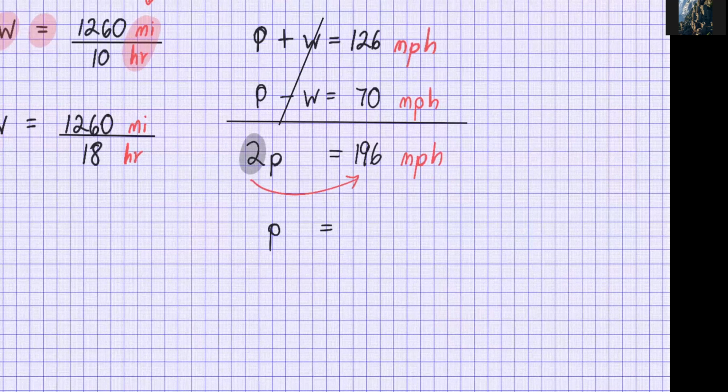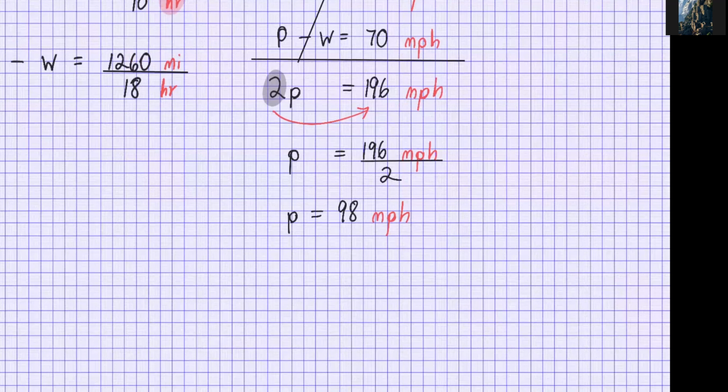So the speed of the plane will be 196 miles per hour divided by 2. So the speed of the plane will be 98 miles per hour. There we go.